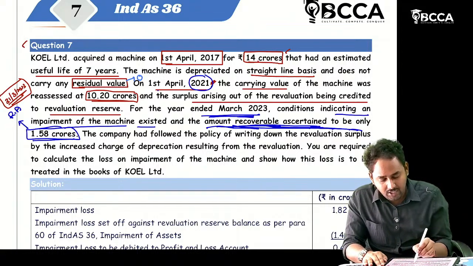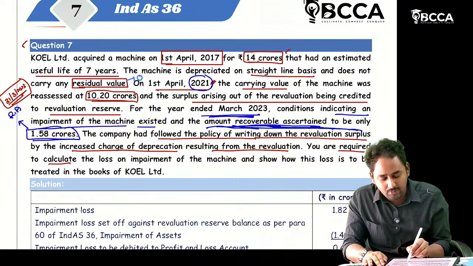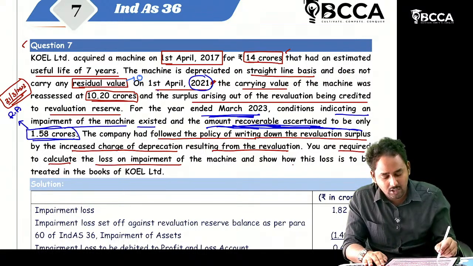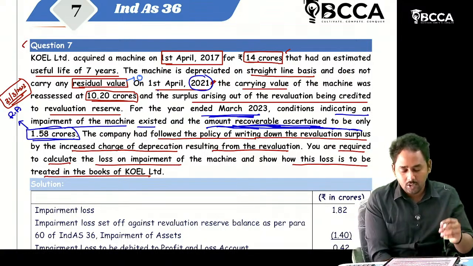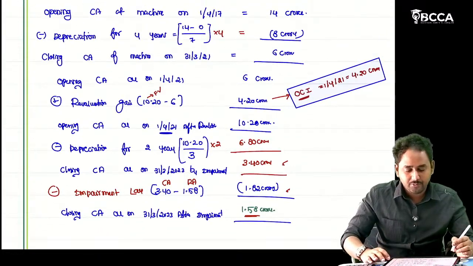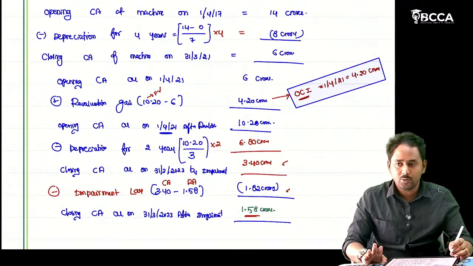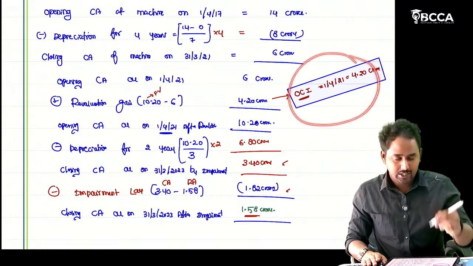The company had followed the policy of writing down the revaluation surplus by the increased charge of depreciation resulting from the revaluation. So you are required to calculate the impairment loss of the machinery, and how this loss is to be treated in the books of Covalent. So this OCI balance is there, right? As on 1/4/21, there are two options regarding the treatment of the OCI balance.